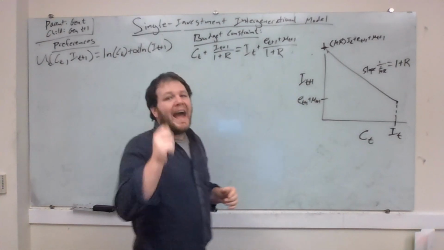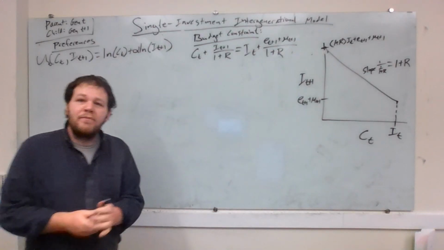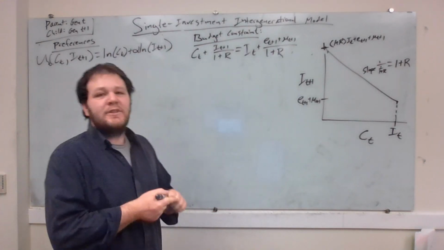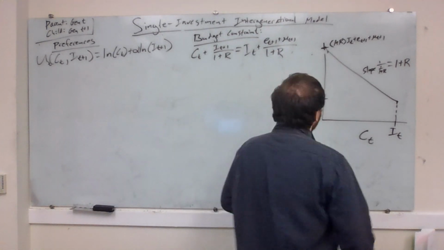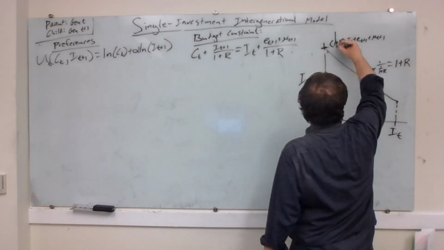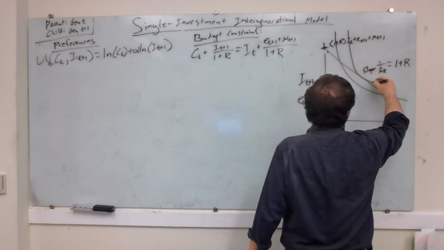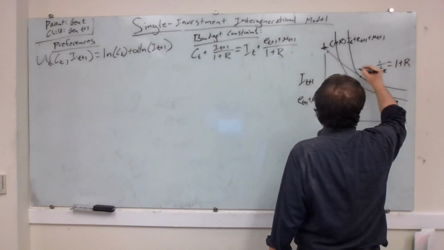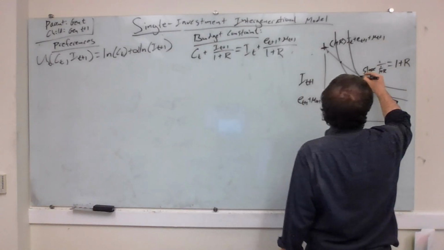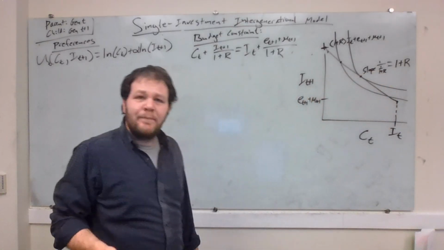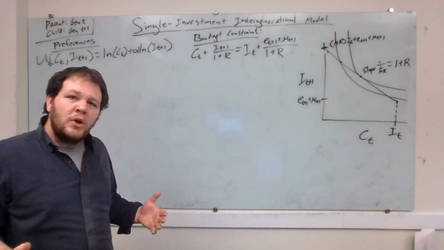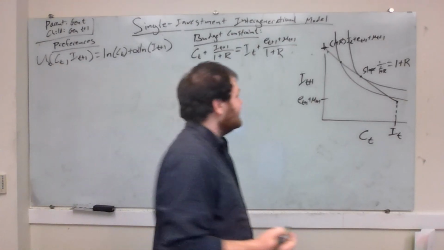So how are we going to do that? Well, you might remember that essentially what we do when we maximize utility is we say each point along our budget constraint is on a particular indifference curve. And our goal when we maximize our utility is to be as happy as possible, which means to be on the highest indifference curve possible.